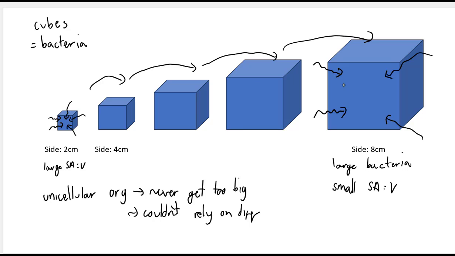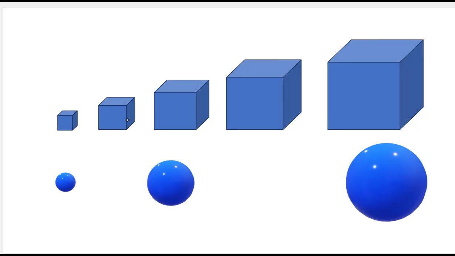So this is if we imagine these cubes were bacteria. If we are imagining these are animals, it's the same sort of idea. A small animal, like for example a flatworm, might be able to rely on diffusion, but by the time we get up here, even to something the size of a shrew, shrews have lungs, they have circulatory systems, and that's because they have too many cells and their cells are too far away for them to rely on diffusion alone.